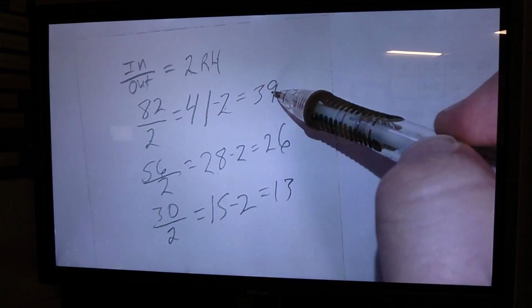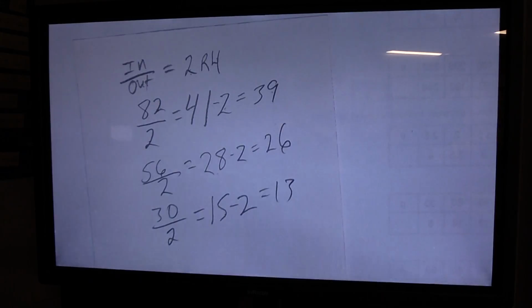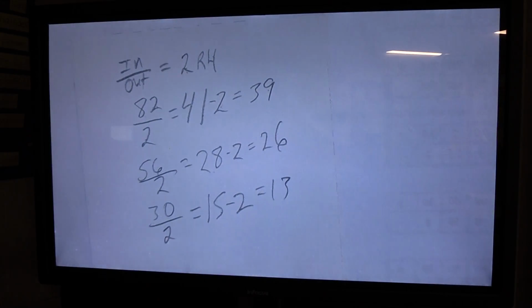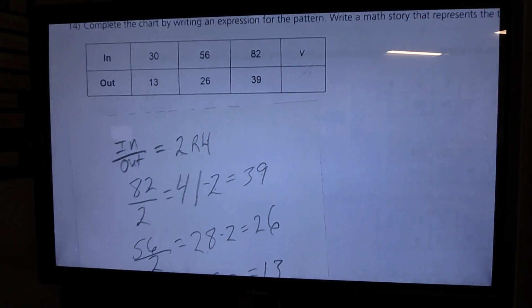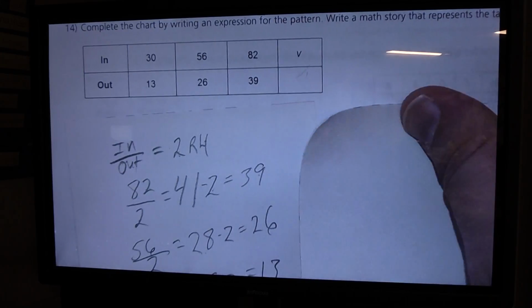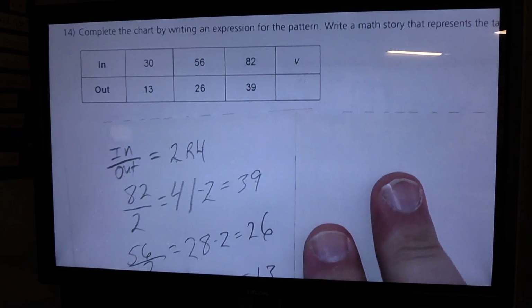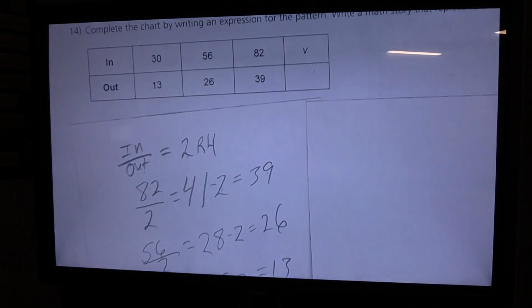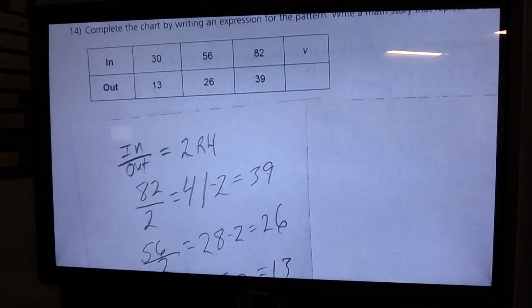So, what do you think our algebraic expression is if we want to know, if B equals 500, what we're going to have to do to it to figure out what goes in the out? What are we going to do?